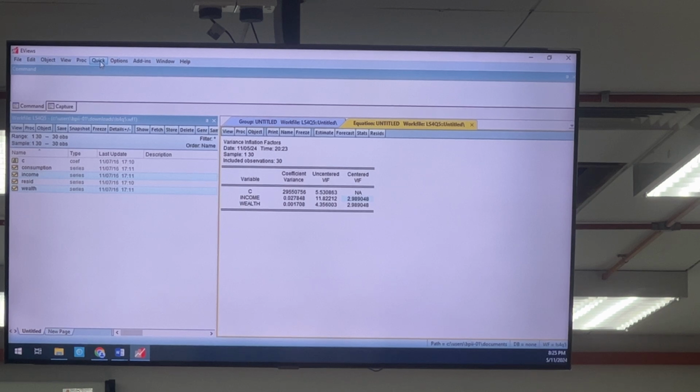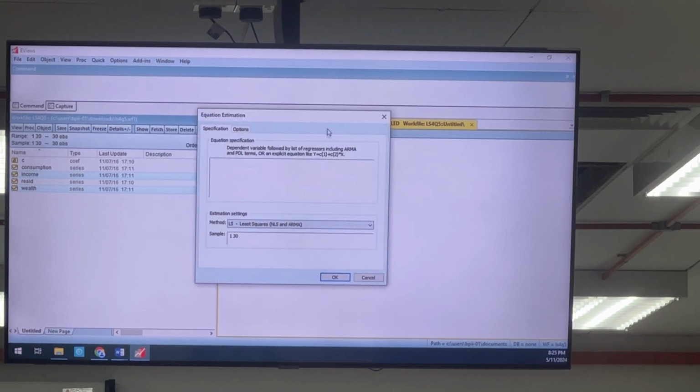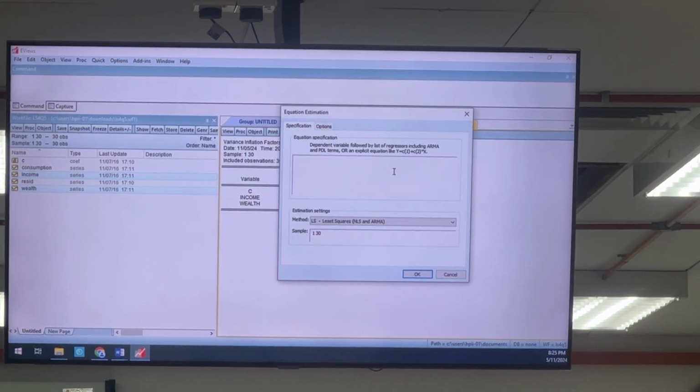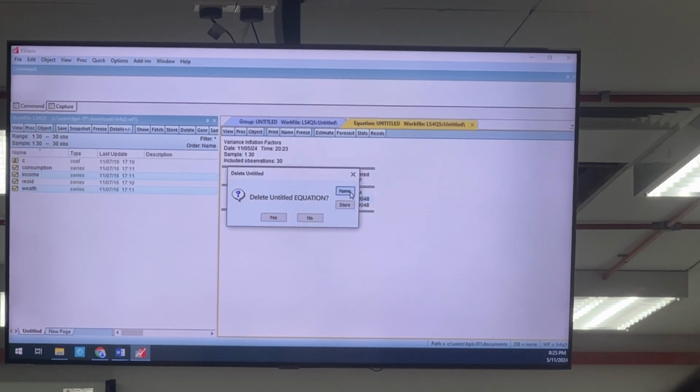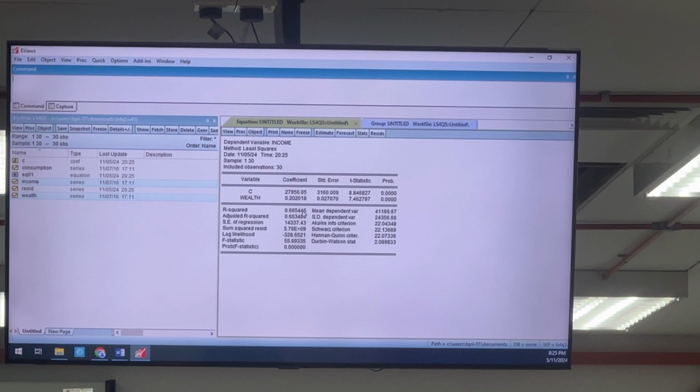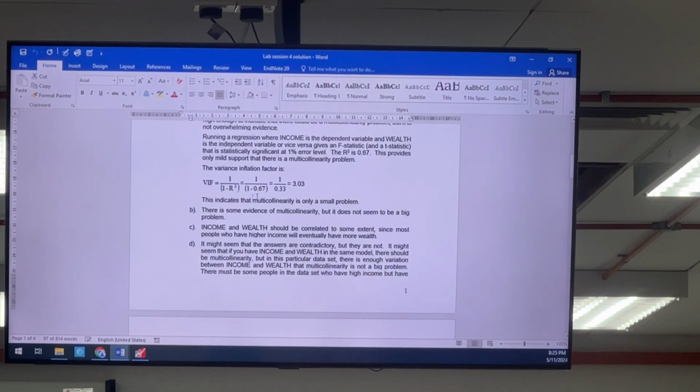Okay, let me quickly show how the VIF is obtained. It is obtained if we regress one of the independent variables against the other independent variable: wealth against income. So you get an R square of 0.665, or 0.67, and you calculate and get 3 point something.